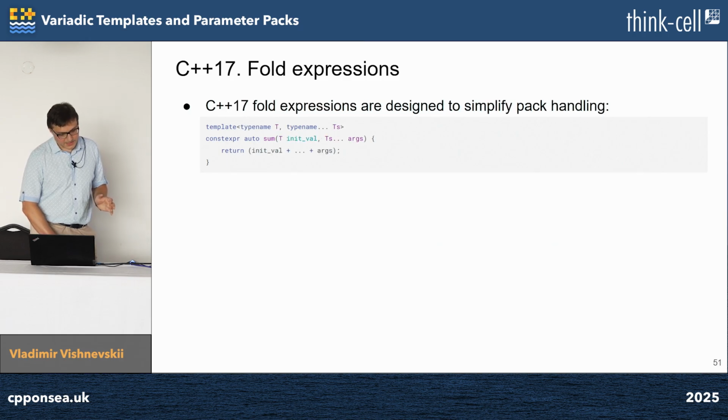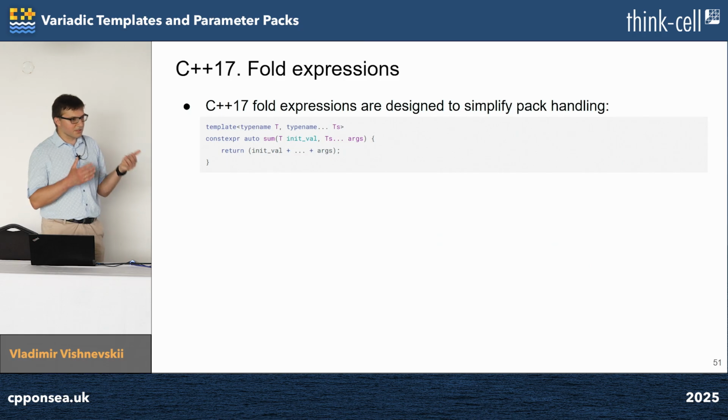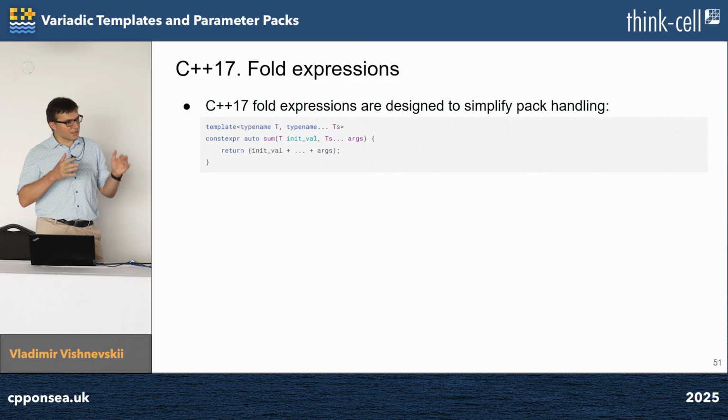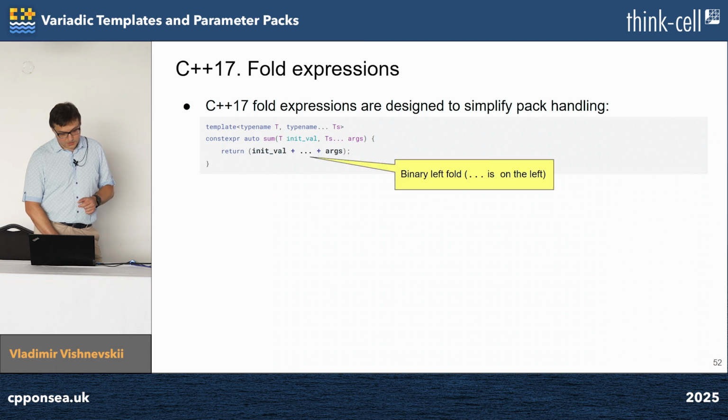And C++17 just introduced special facilities to handle the packs and to apply some operations to each element of the pack, the so-called fold expressions. Using C++17 fold expressions, our sum function that we introduced earlier can be implemented in a quite simple way.